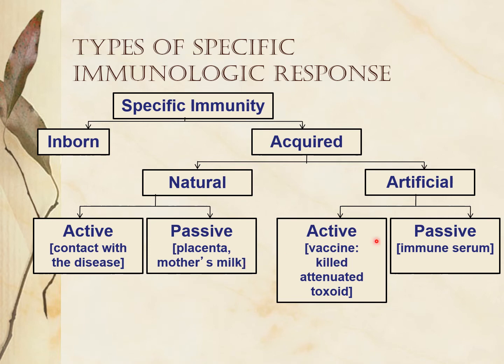For the artificial, we also have active and passive. For the active, you have the vaccine, or killed, attenuated, or toxoid, for example. And then the passive, you can have your immunity through immune serum.